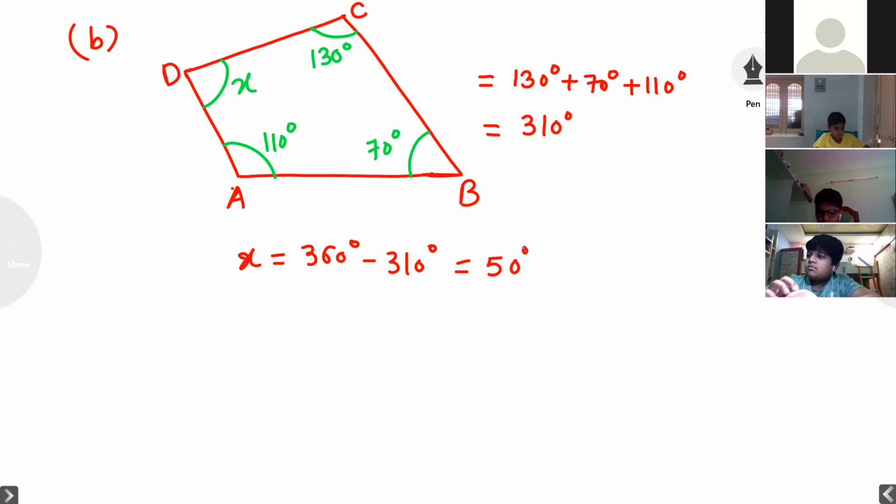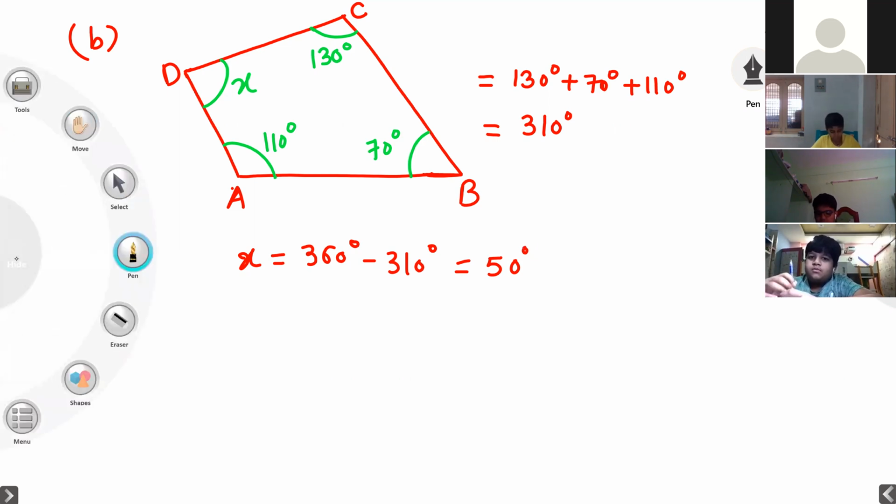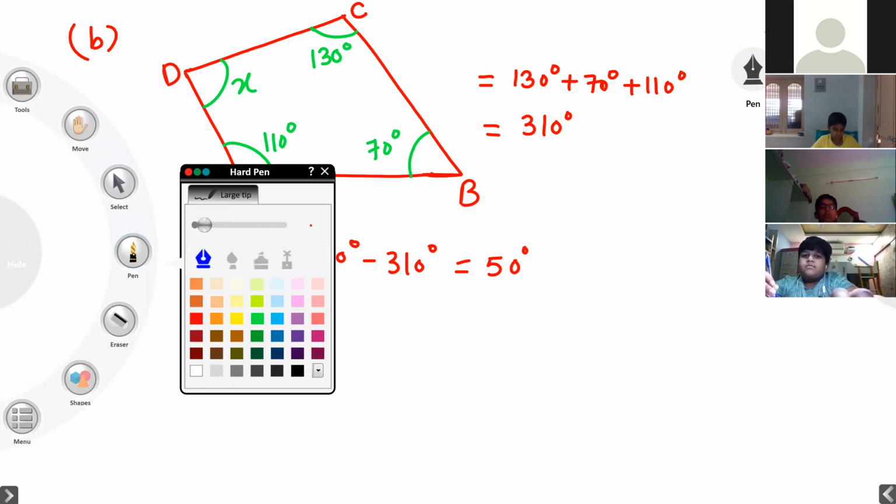Next, find the interior angle of a pentagon. Question number 53.